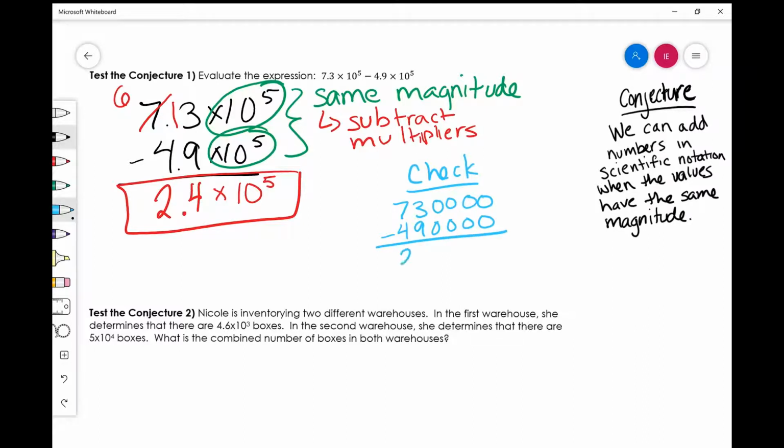I know that's equal to 240,000. And moving that back into scientific notation, I would get 2.4 times 10 to the 5th. So our answer checks out, that even expanding it out, we would still get the same value of 2.4 times 10 to the 5th. Now let's go and look at test the conjecture number 2.